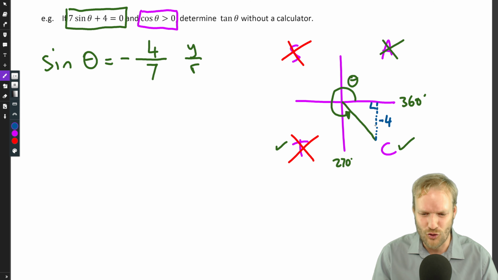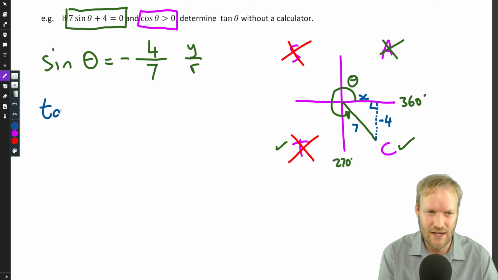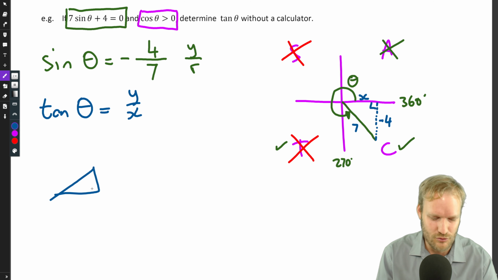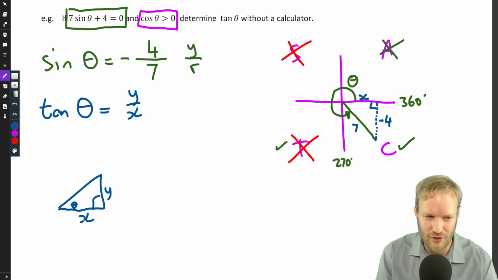The distance is 4, but I always like to put the negative there, so don't forget it. And this is 7, that's our radius. If we could just work out what our x value is, which is a positive value, we can work out what tan theta is, because we know tan theta is y over x. That was meant to be a triangle, it wasn't a great one. And just in the first quadrant, opposite over adjacent, y over x. So if we can work out what x is, we're good to go.